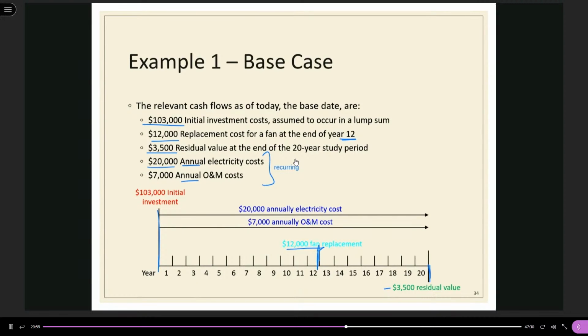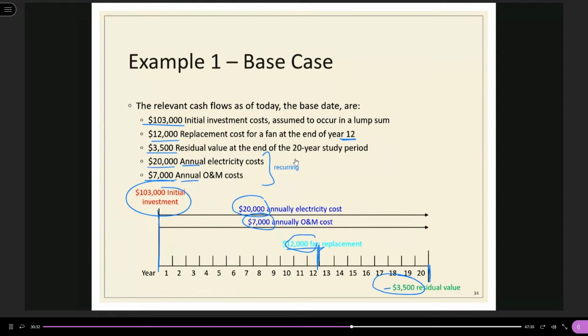These 2 are recurring costs that happen every year: $20,000 and $7,000 for operation and maintenance. So we have these: day 1, 12 years, and negative residual values at the end of the 20 years, and $20,000 recurring, $7,000 recurring.